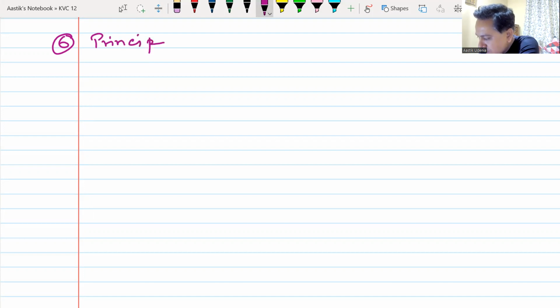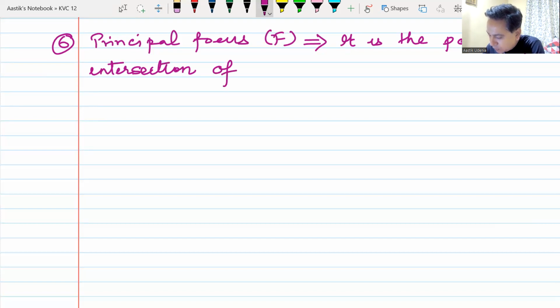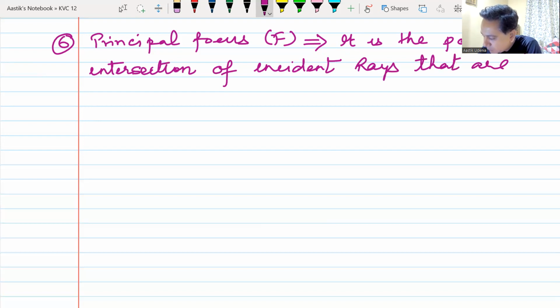Please write it. Principal focus, denoted by the letter F. It is the point of intersection of incident rays that are parallel to PA.